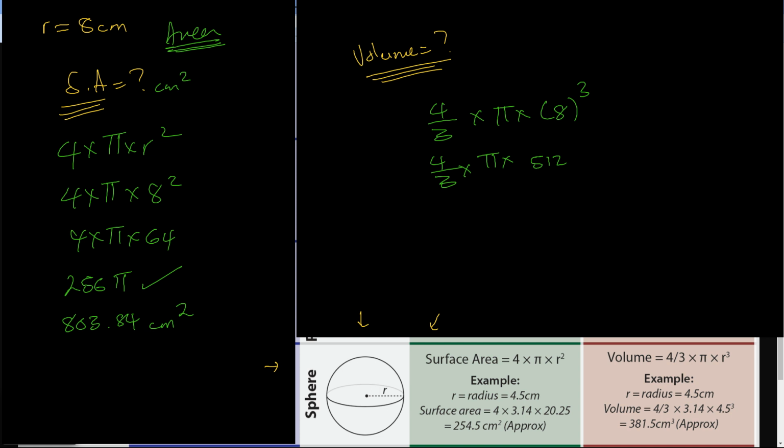Multiply that by 3.14, gets me 2143.57. All right, double check me here. Let me know if you got a different answer for this one, and we can just go through it again.